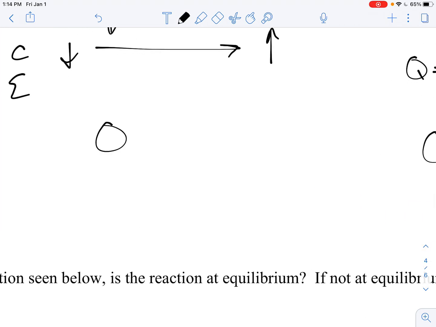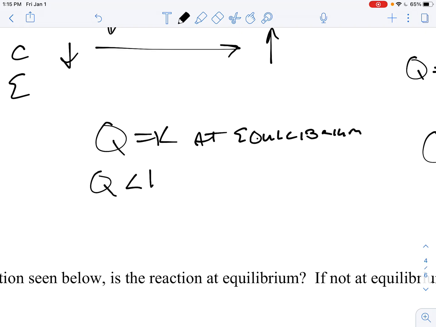So what you need to know from this is the following. If Q is equal to K, you are at equilibrium.